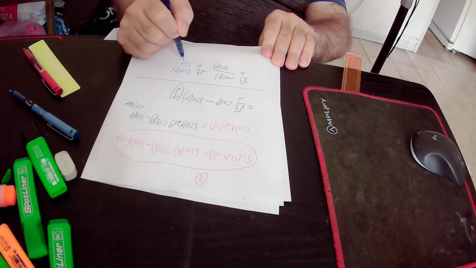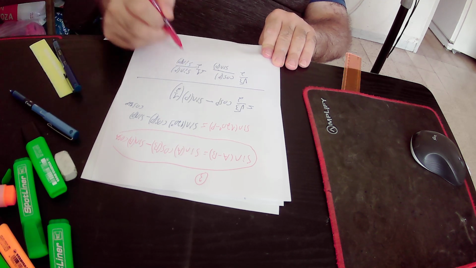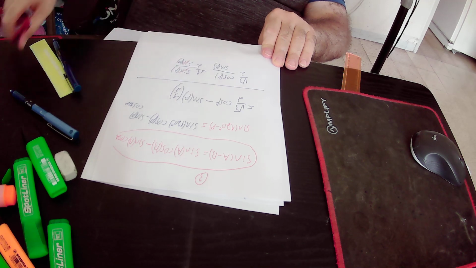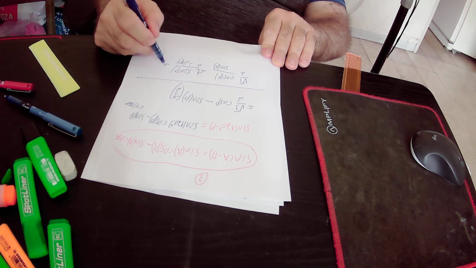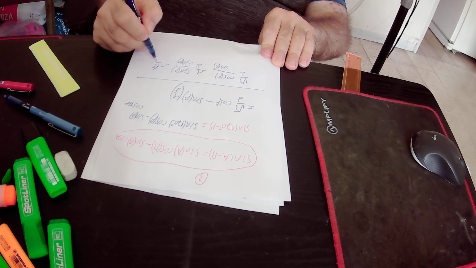Sine p over sine p is 1, so sine p is cancelled, and all equals to 15 over 8.